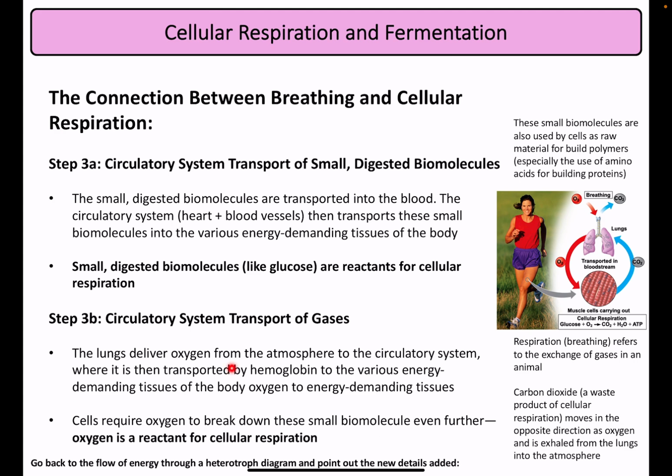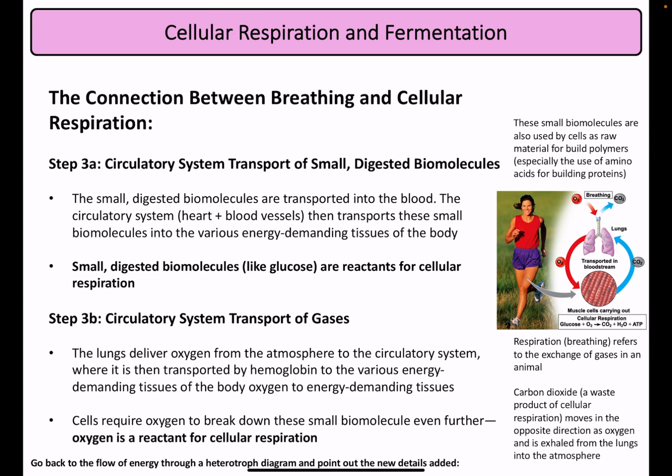Also, I want to note that you use that same system, your circulatory system and your respiratory system, to exhale CO2, which moves in the reverse direction of oxygen. And I also want to point out that the term respiration alone refers to breathing, gas exchange.